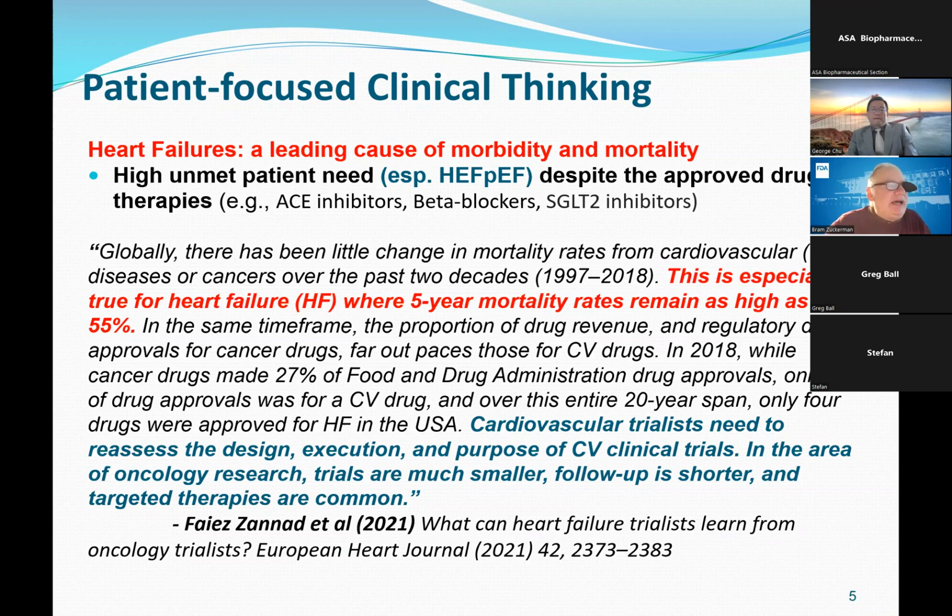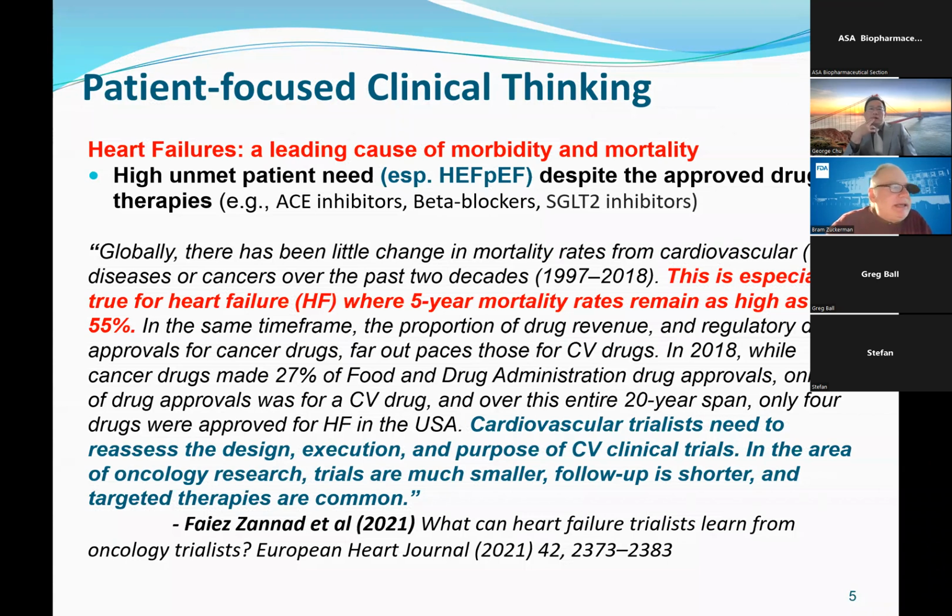I can tell you that last week I was at the Heart Failure Society of America meetings, and I was sharing a panel discussion with Dr. Gibbons, who is presently the NIH's director of the National Heart, Lung, and Blood Institute.